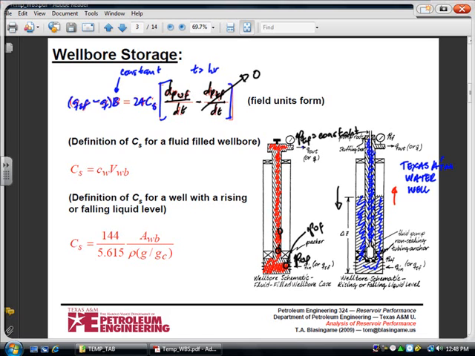And the gas bubble comes up to the top and it can't expand. What's the pressure when it gets to the top? PWF. So what's the pressure downhole now? It's PWF at the top plus the hydrostatic.